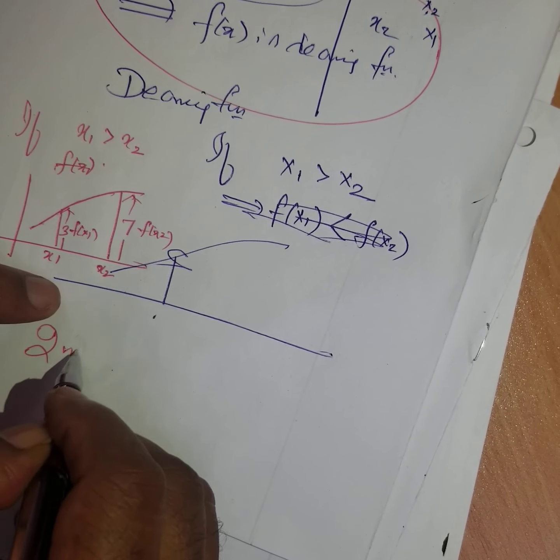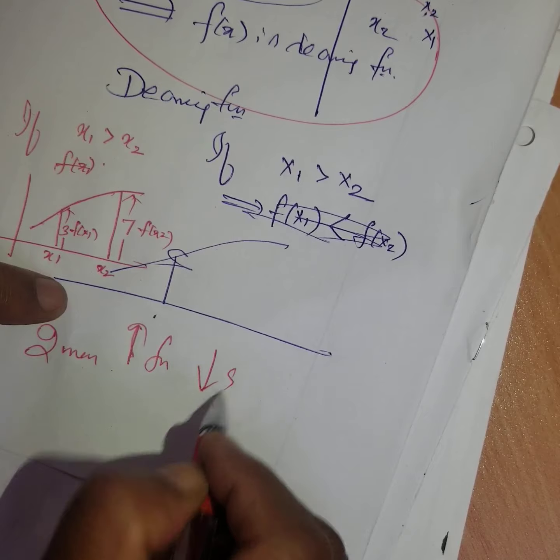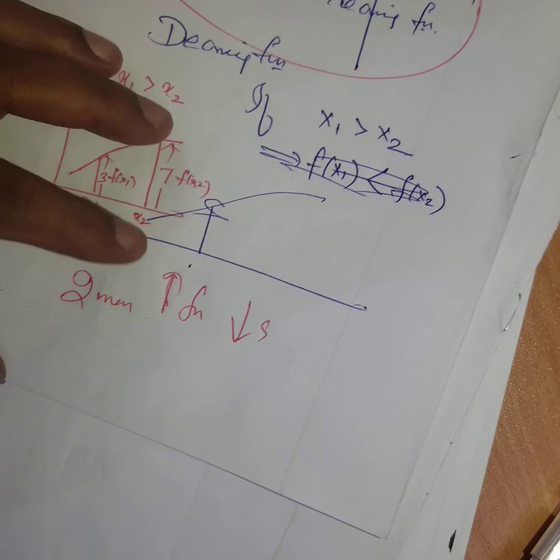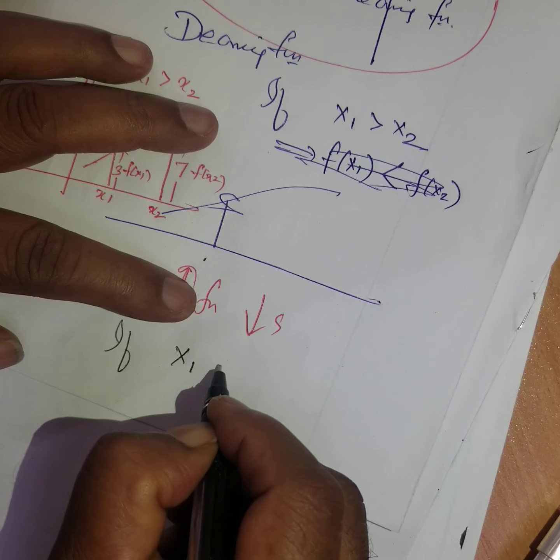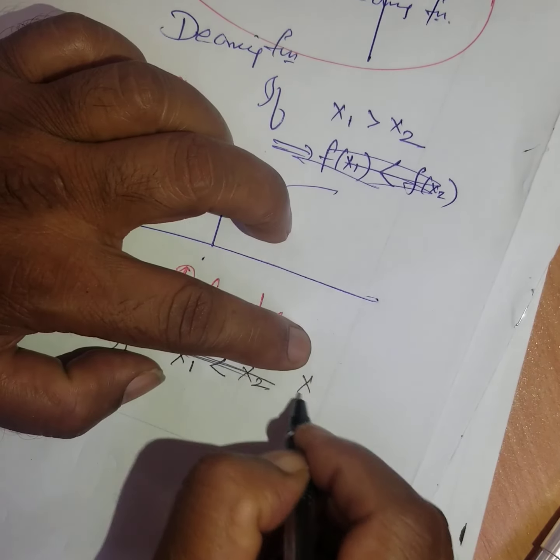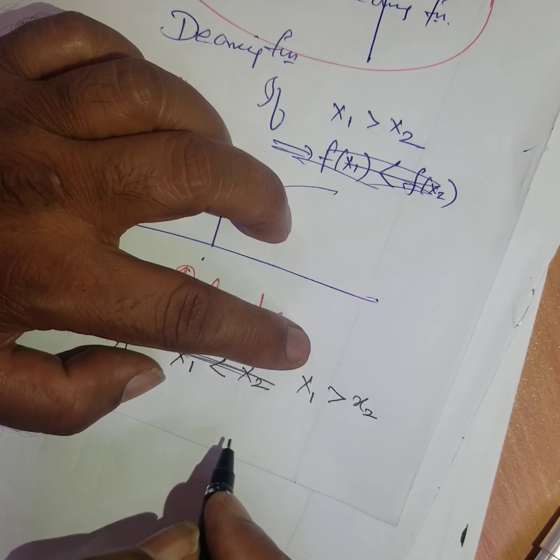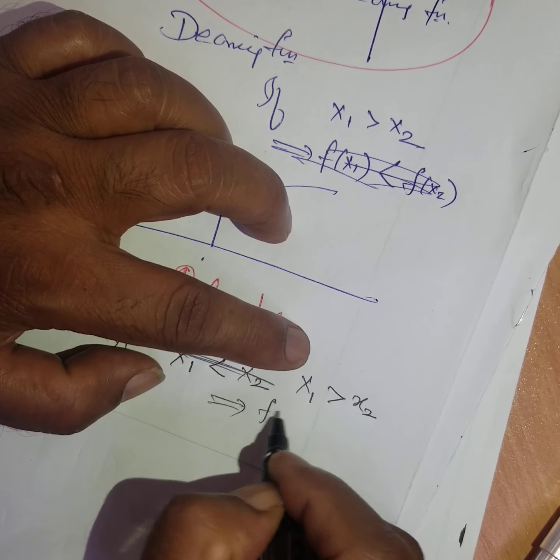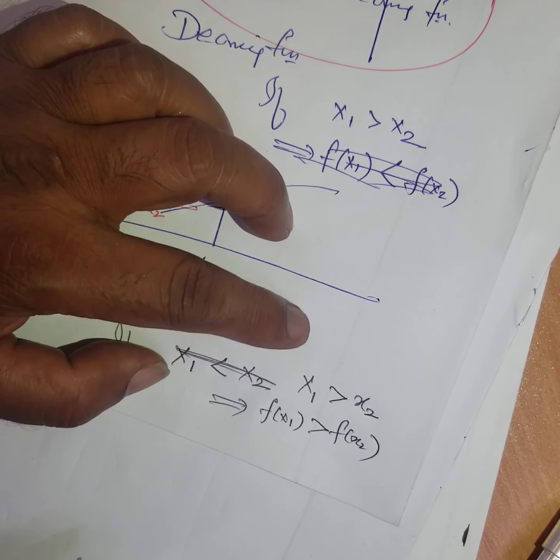What is 2 marks? What is increasing function and decreasing function? How to do this? I'll tell you. If x1 is less than x2, no sorry, if x1 is greater than x2, implies function of x1 is greater than function of x2.